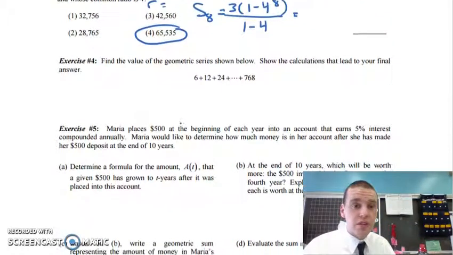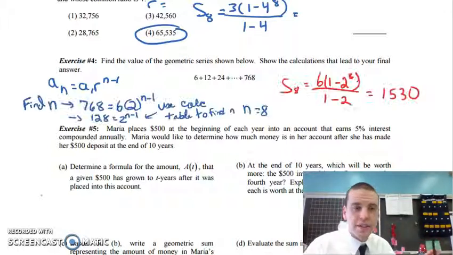What I would like you guys to do right now is just try 4. See what you can get, knowing that an equals a1 r to the n minus 1. See what you got. Pause it and try it. Now, if you're stuck, I understand why. You need a calculator to be able to figure this out.